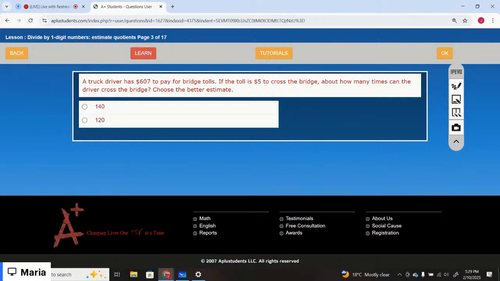A truck driver has $607 to pay for bridge tolls. If the toll is $5 to cross the bridge, about how many times can the driver cross the bridge?